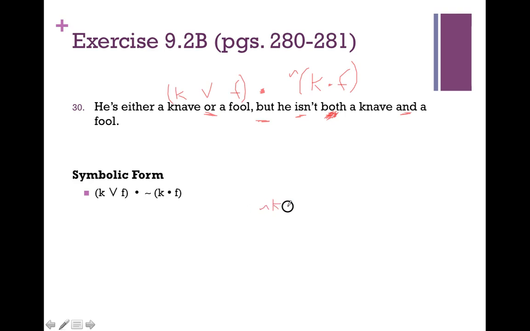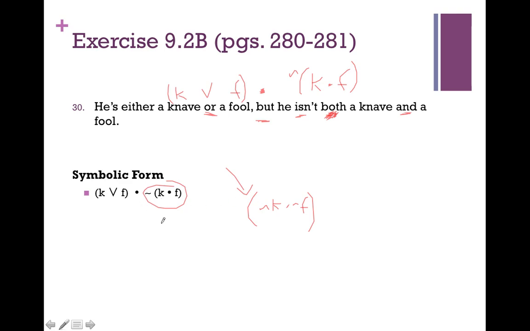Not knave and not fool. You may have thought this right here instead of this. You might have thought this is what was being said, not K and not F. But you're not saying this. This is saying something different. What this is saying is he is not a knave, and he is not a fool. That's technically not what you're saying.